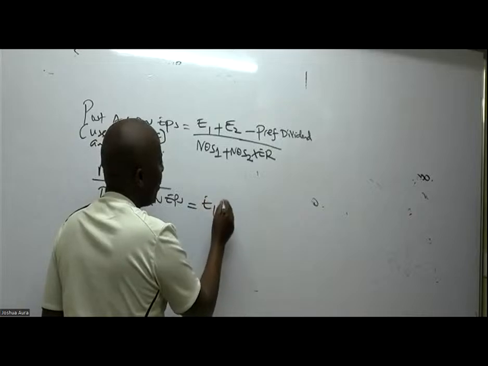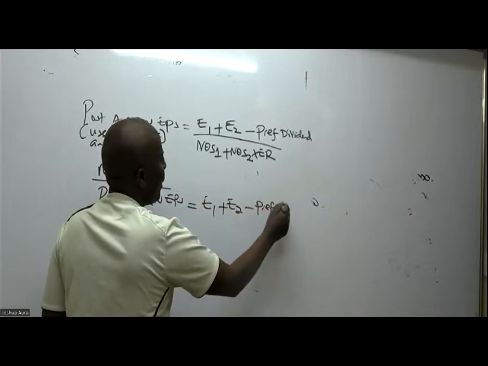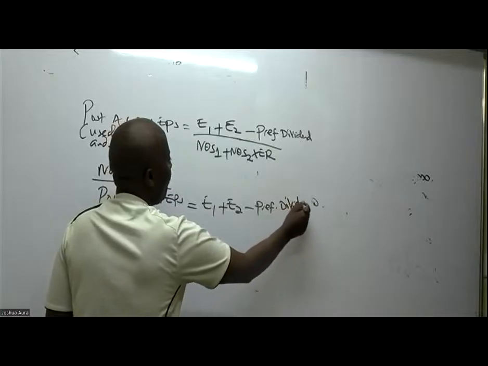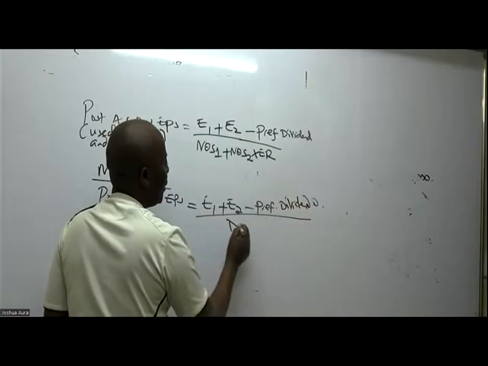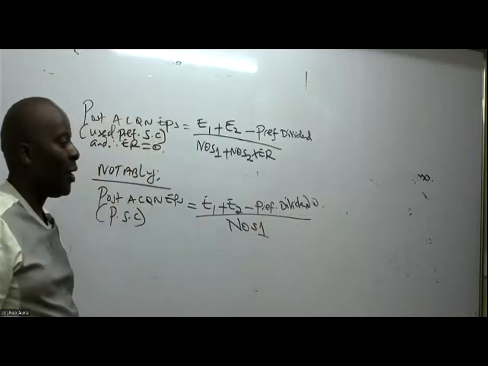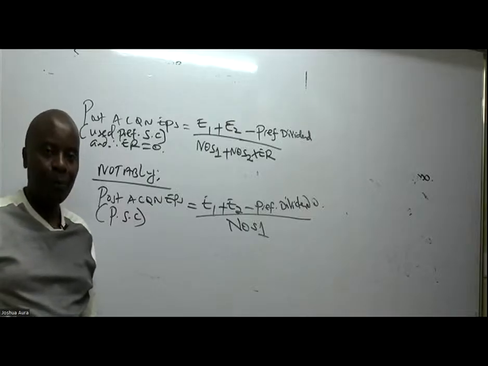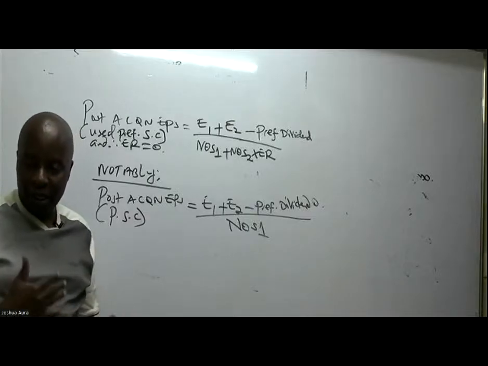It will be earnings of company 1 plus earnings of company 2 minus preference dividend all over number of ordinary shares of the first company. Remember, the first company is a predator company, the one that is swallowing the other.